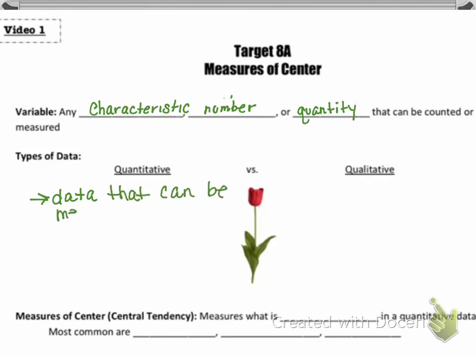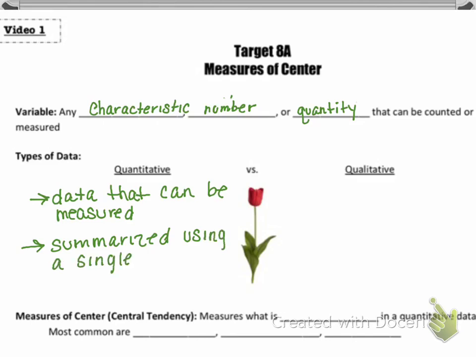Now, this data can also be summarized, which you may be familiar with, using a single number, such as mean, median, or mode.